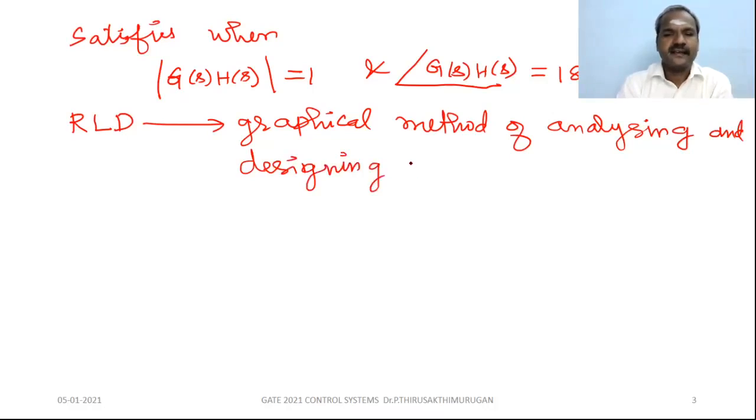Designing a control system. Okay, understand? Control system.